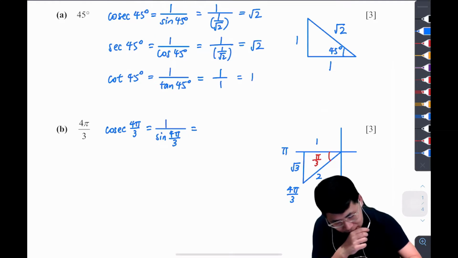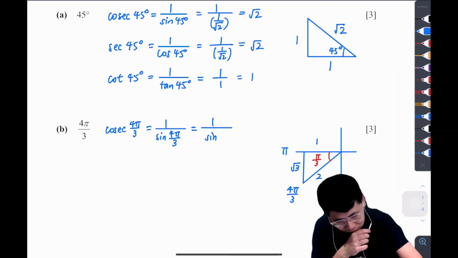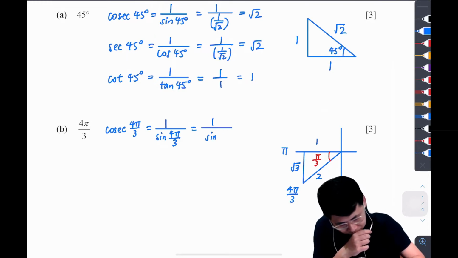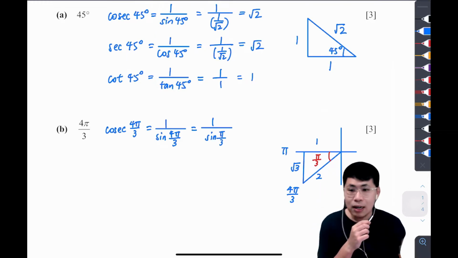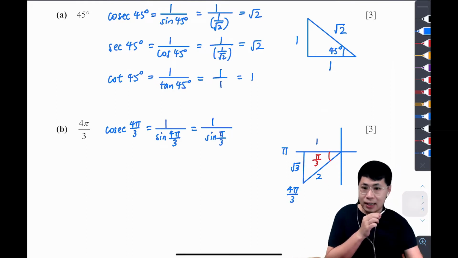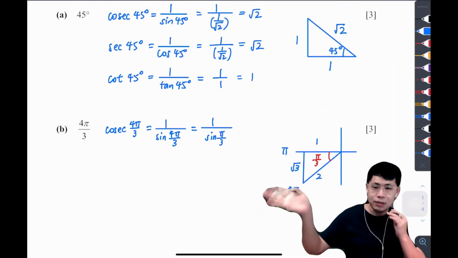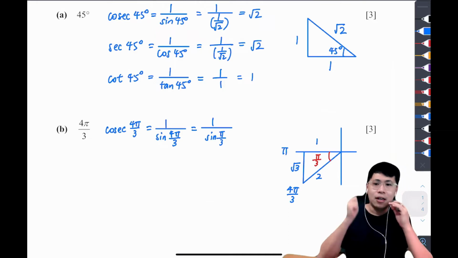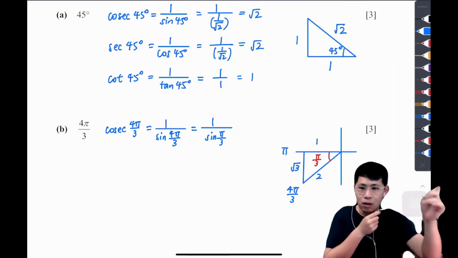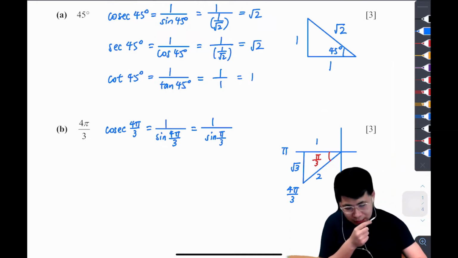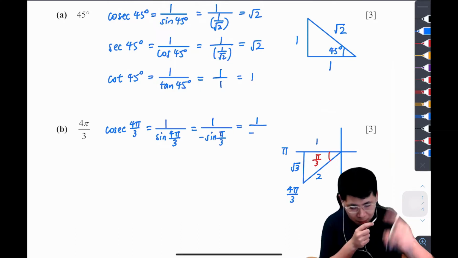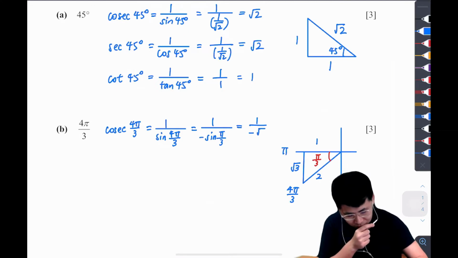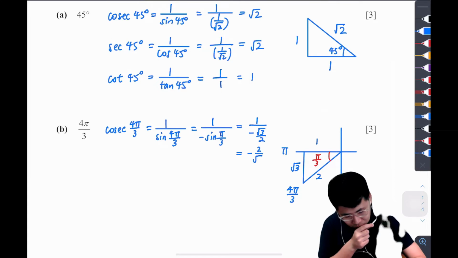Sine 4 pi over 3, relating it to the basic angle, is sine of pi over 3. But in quadrant 3, by ASTC, sine would be negative. So it is 1 over negative, opposite over hypotenuse, so 1 over negative root 3 over 2. This would be negative 2 over root 3.